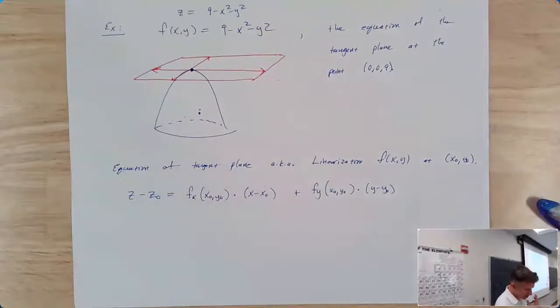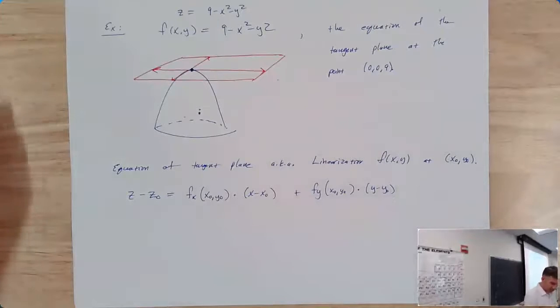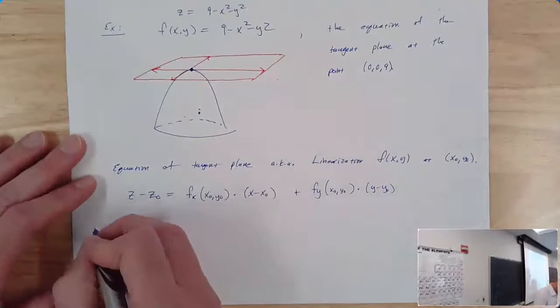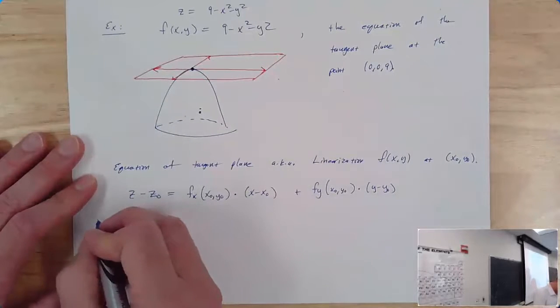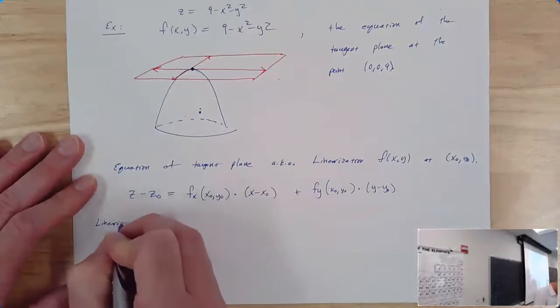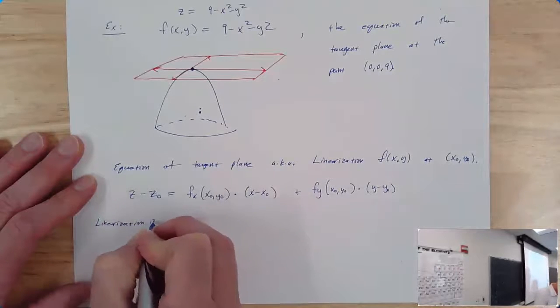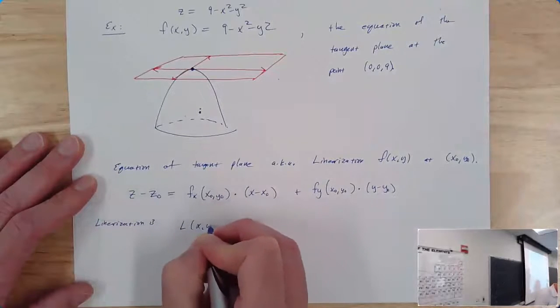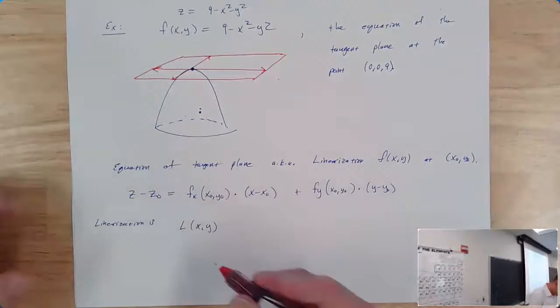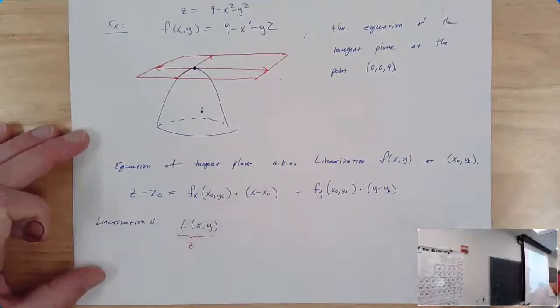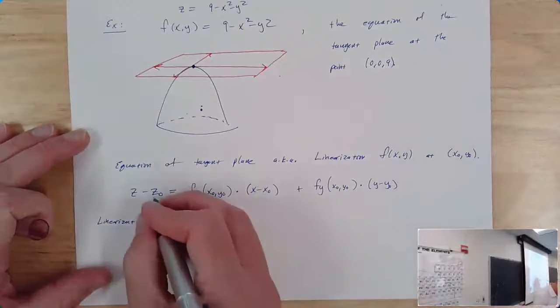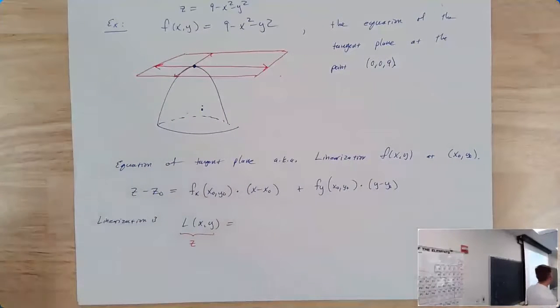Now, typically we don't write it this way. We're going to isolate z and then replace it with L of x y. So the linearization is L of x y, which is just taking the place of z. It's equal to z naught, but z naught is just what you get for z when you plug in x naught and y naught.